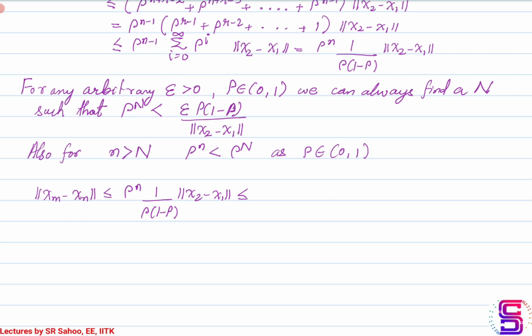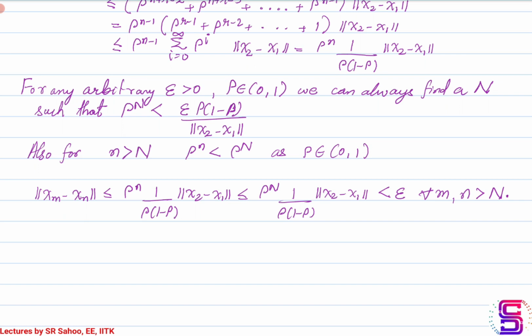This will be further less than rho^N times the same factor, and this will be less than epsilon. This is true for all m and n greater than the N that you have just found.